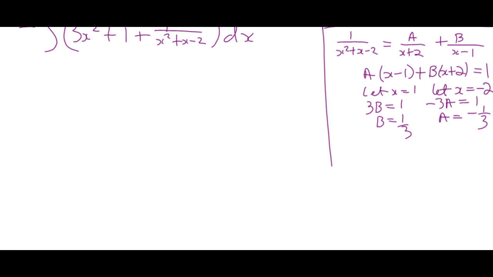So I want to do the integral of 1 over x squared plus x minus 2 dx. That's equal to, let's put the b first just because it's positive, 1/3 the integral of 1 over x minus 1 dx, then minus 1/3 the integral of 1 over x plus 2 dx.